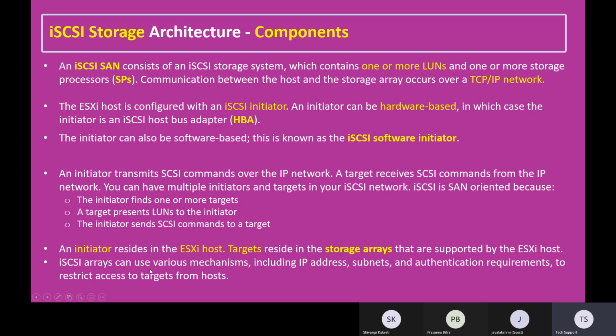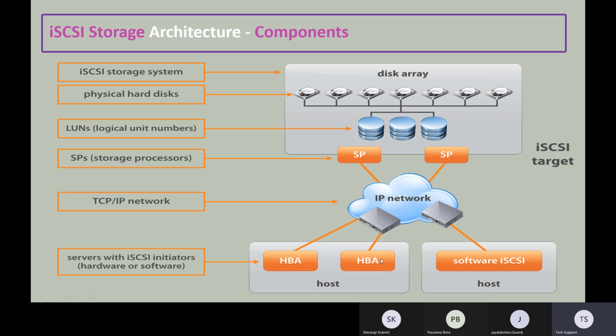And iSCSI arrays can use various mechanisms, including IP address, subnet mask, and authentication requirement, to restrict the access to the targets from the host. So it's also a very important point. If you want to connect your ESXi host to your storage box, the iSCSI target can be accessed through either IP address or any authentication mechanism.